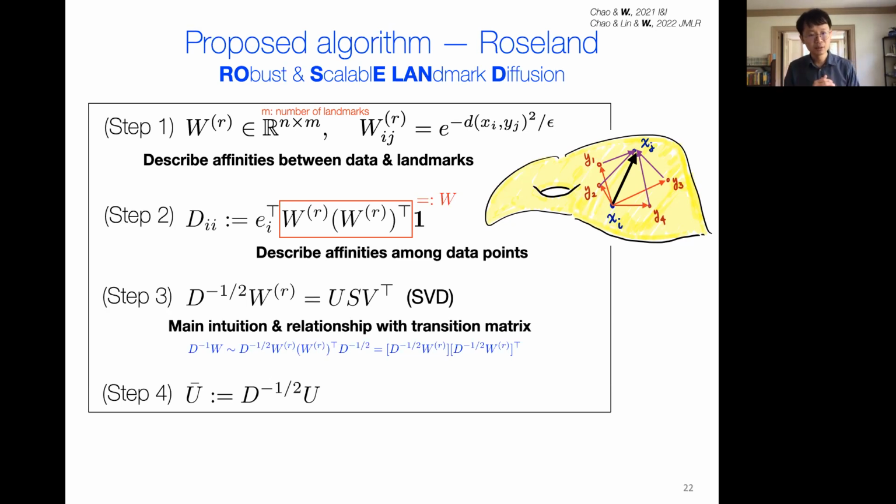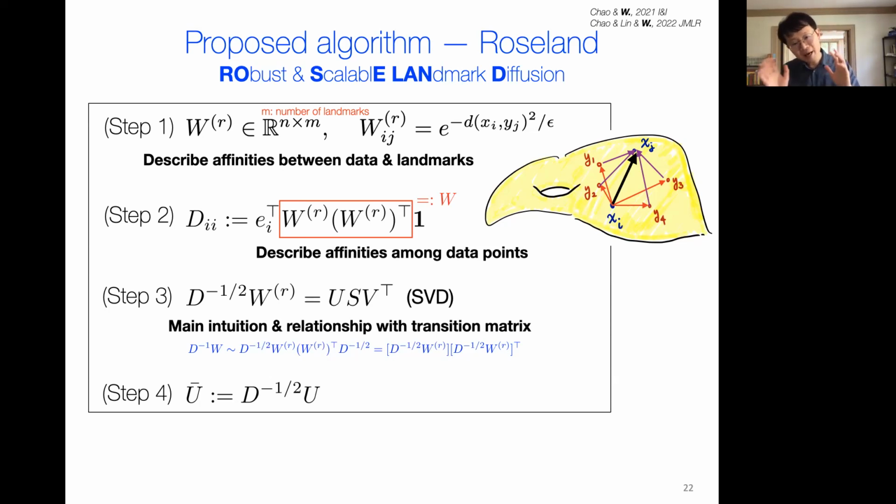And why so? The motivation comes from a very simple linear algebra calculation. If you want to do eigen decomposition of D inverse W, then you can rewrite D inverse W in its similar form, D^(-1/2) W D^(-1/2), which you can write as D^(-1/2) WR WR transpose D^(-1/2), an outer product.